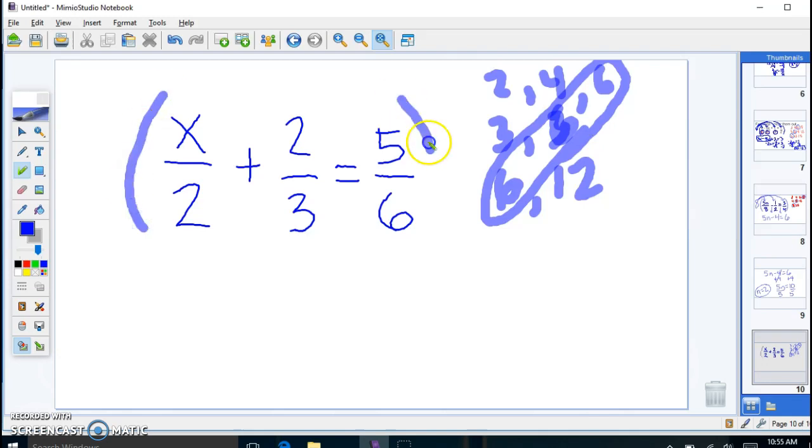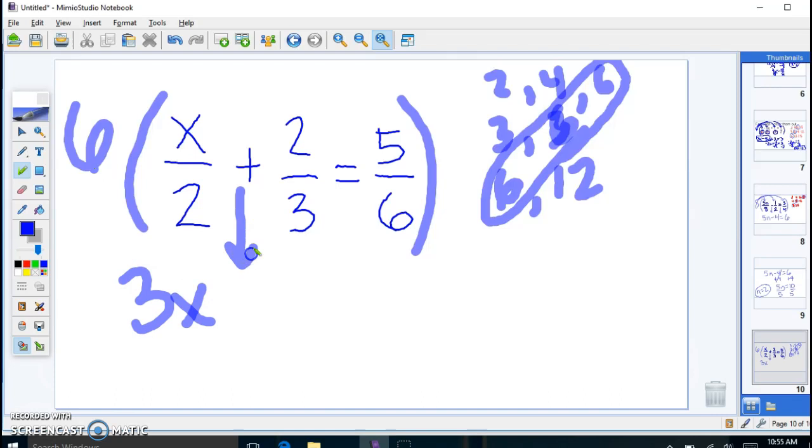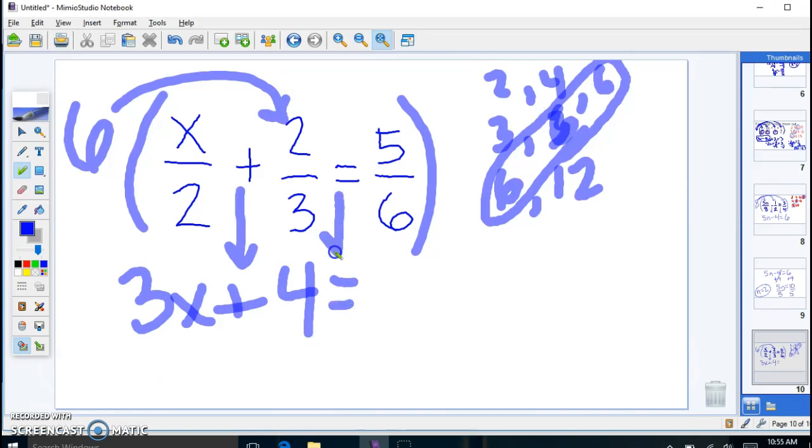So we're going to multiply the entire equation by 6. 6 times x is 6x, divided by 2 is 3x. The plus sign drops down. 6 times 2 is 12, divided by 3 is 4. The equal sign drops down. And 6 times 5 is 30, divided by the denominator of 6, goes right back to 5.